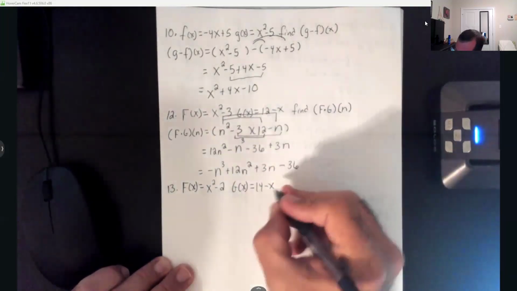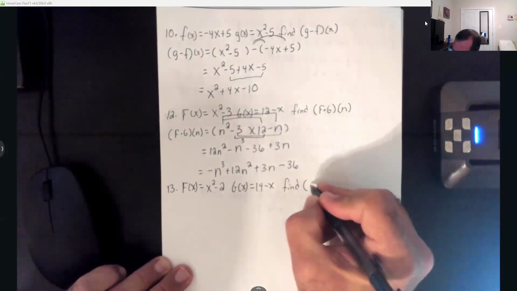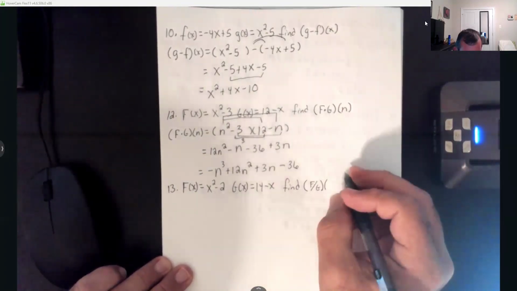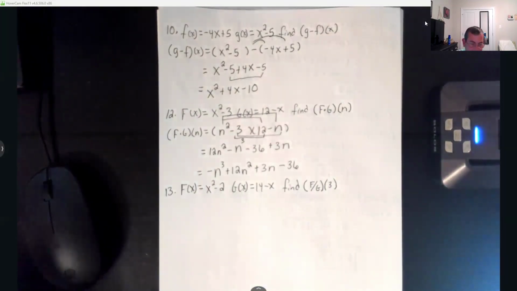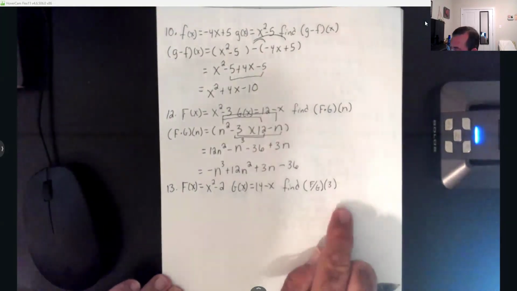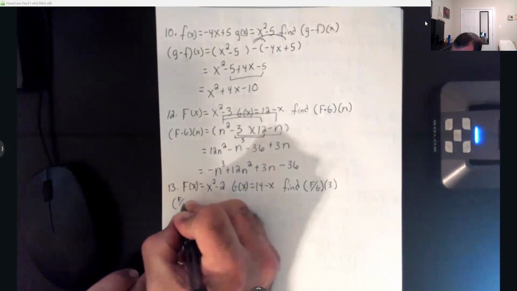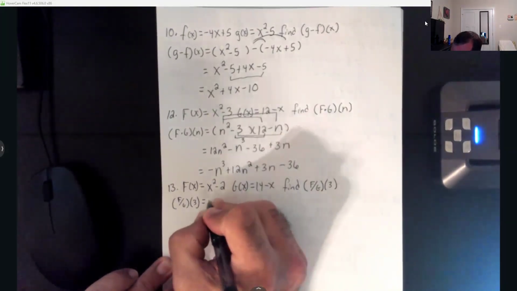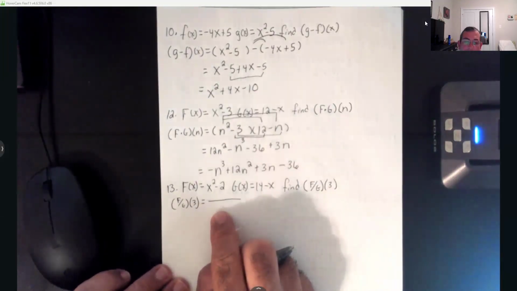So here's what we haven't done yet. They want us to find f divided by g of 3. Not too bad because they gave me a number. F divided by g of 3 will equal my f on top over my g on the bottom.